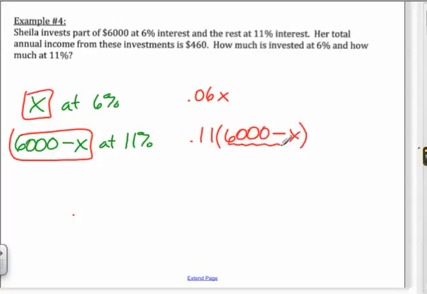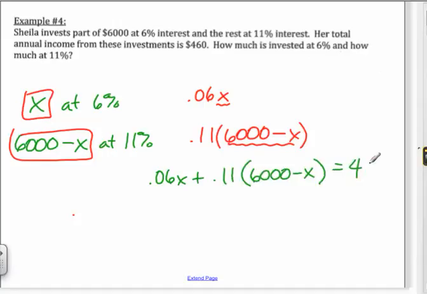Because this is how much I invested at 11%. This is how much I invested at 6%. To find out what it is, I just multiply them. Well, wait a minute. What do I get if I add these two things together? How much money should I get, CB? I should get $460. Beautiful, CB.